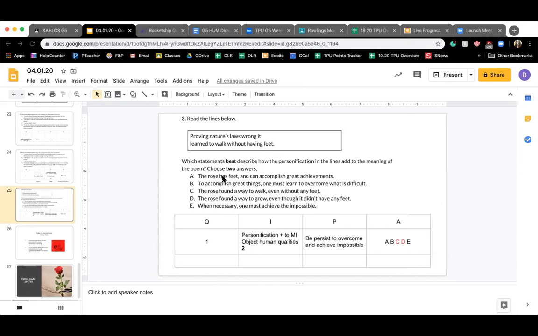And I think that B is incorrect because it doesn't show any sort of personification that the rose has. I disagree with you, CR, because it's not supposed to show that there's personification. It's just supposed to show how it adds to the meaning.